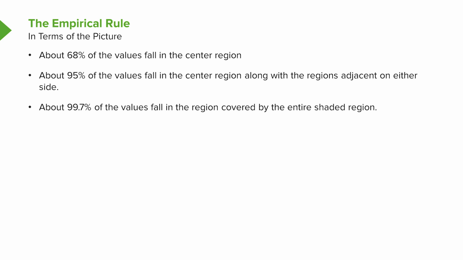All right, so in terms of the picture, about 68% of the values fall in the center region, about 95% of the values fall in the center region, plus the 2 adjacent regions on either side, and about 99.7% of the values fall within the region covered by the entire shaded area.